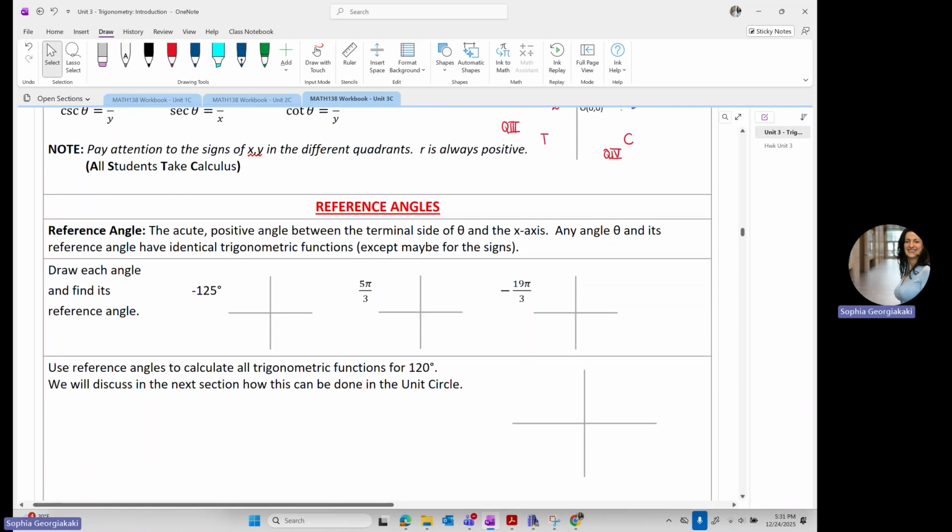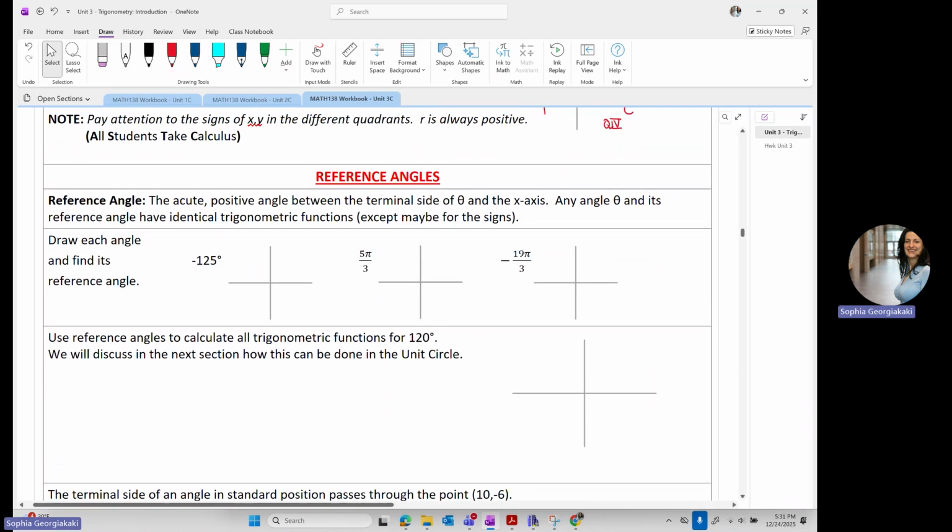What is the reference angle? The reference angle is the acute positive angle between the terminal side of theta and the x-axis. Any angle theta and its reference angle have identical trigonometric functions, except maybe for the signs of positive or negative.